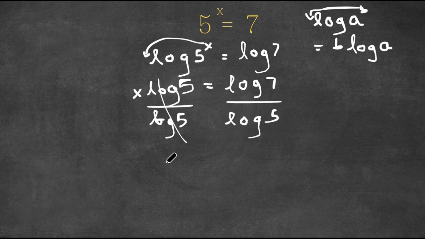So now these two cancel out, and I'm left with x is equal to log 7 over log 5.